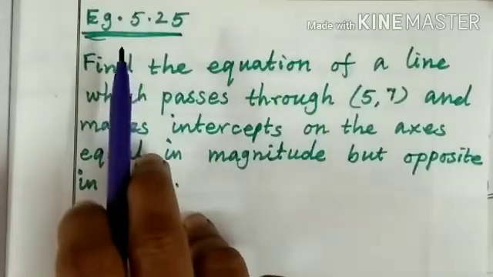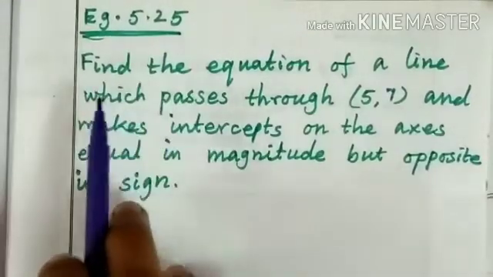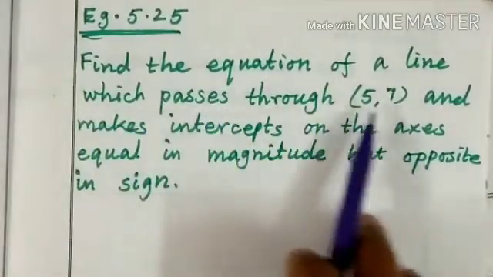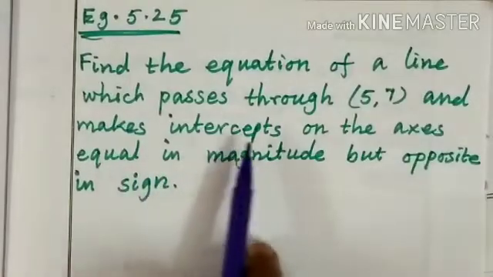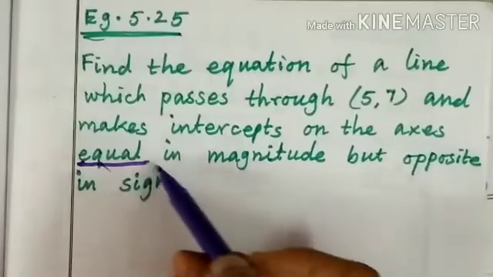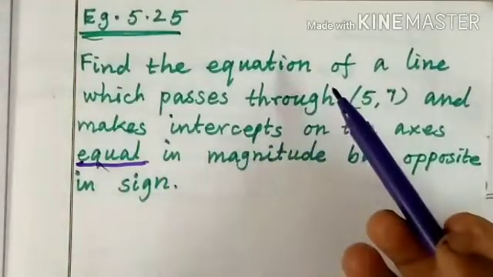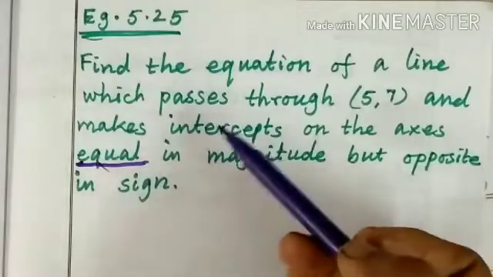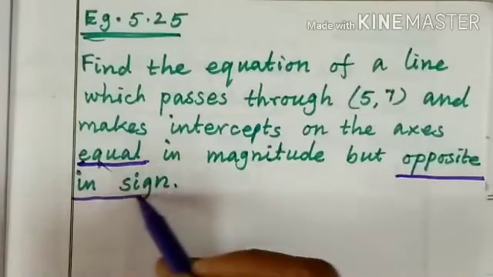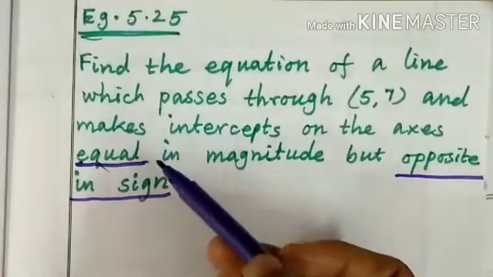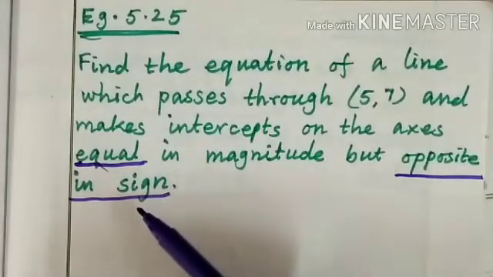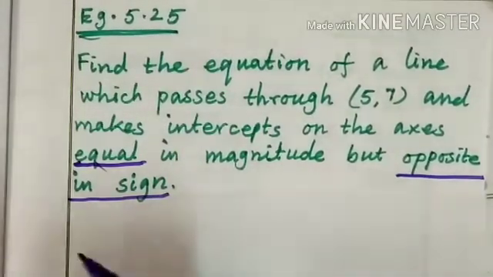Next, we move on to example 5.25. See the question. Find the equation of a line which passes through (5, 7) and makes intercepts on the axes equal in magnitude, that is x-intercept and y-intercept both are equal but opposite in sign. Then if you take the x-intercept as A, the y-intercept is minus A, that is opposite in sign.